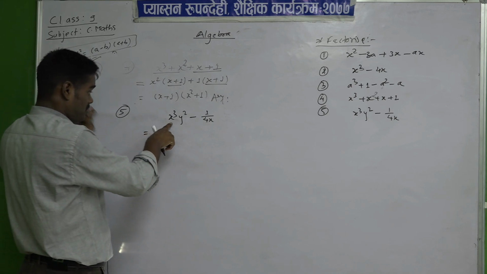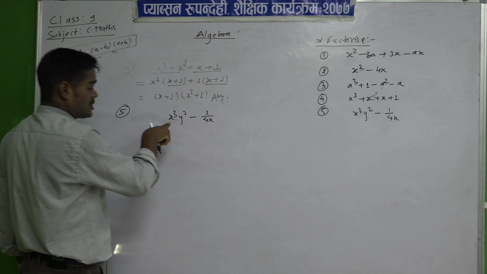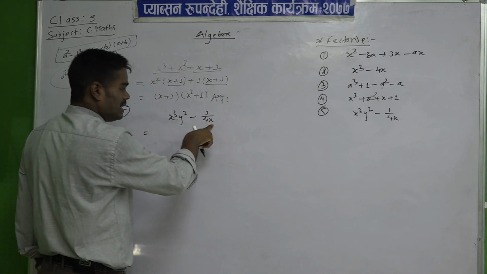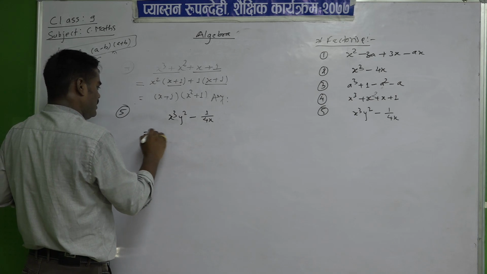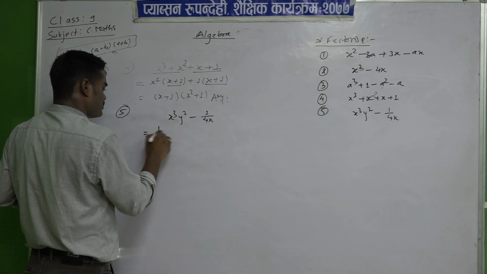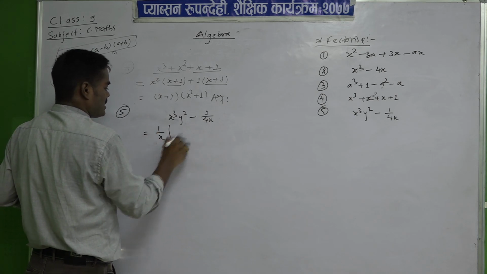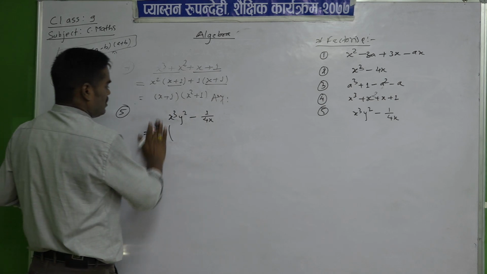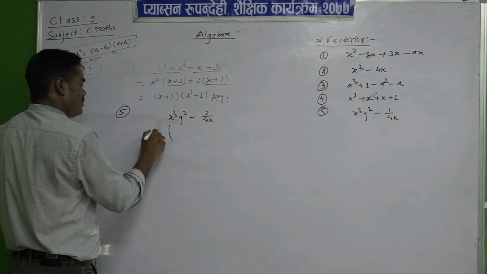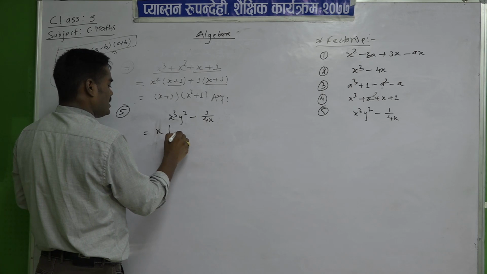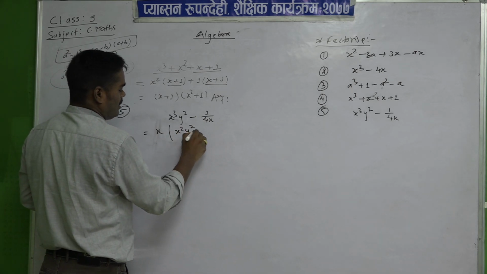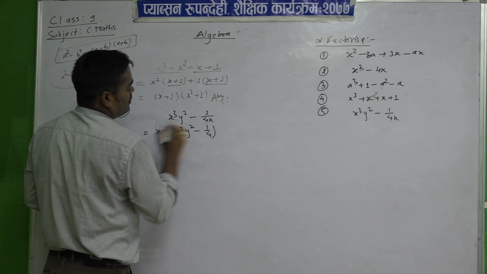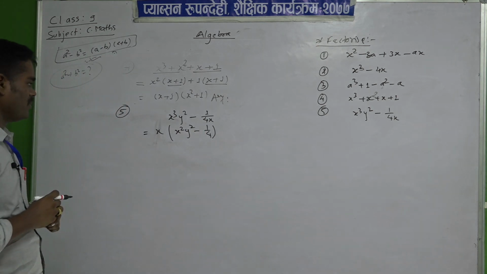Here is x cube, and here in the numerator x cube, in the denominator x. So we have to take x common here, sorry, 1 by x common. So how much is left? X square y square minus 1 by 4.